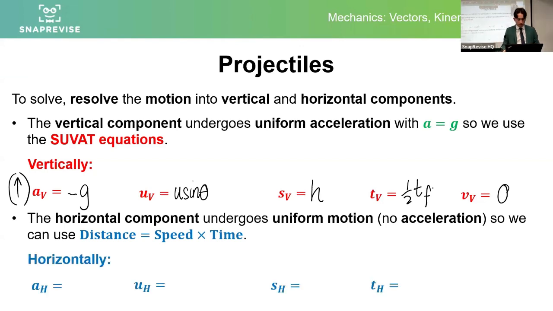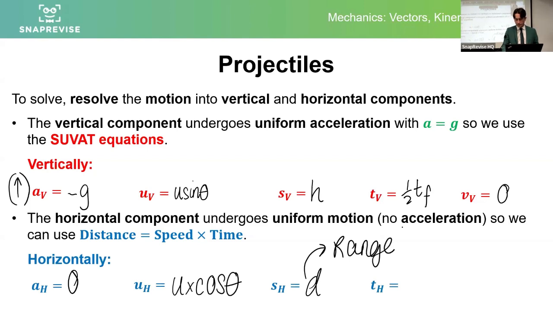Now notice that horizontally, the acceleration is 0. The horizontal speed initially is u cos theta, but the final velocity would be the same because it's not accelerating. So the displacement, we actually call this the range, how far it travels horizontally. Who's seen that before?